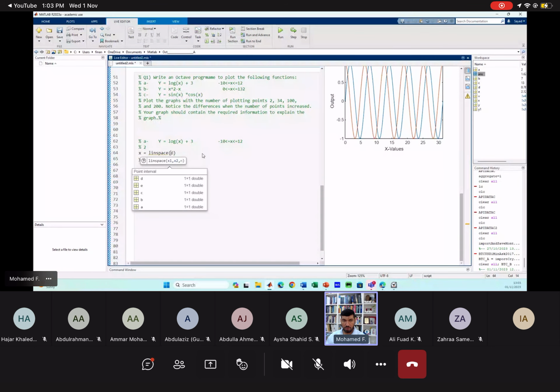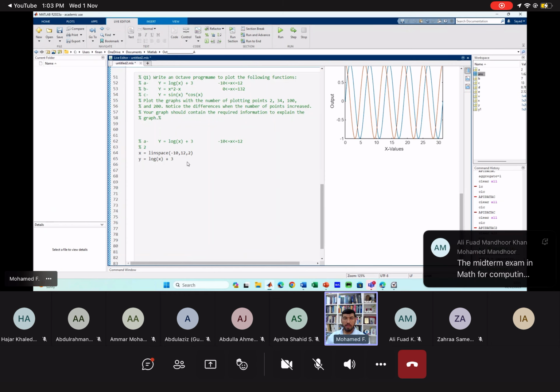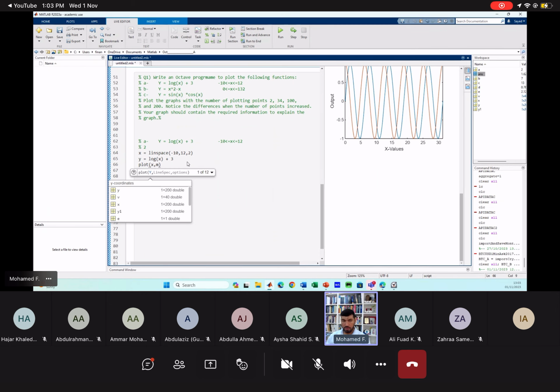He asked us to start from -10 and finish at what point? At 12, comma, how many points does he want us to use? 2. Okay. Then he wants us just to plot it. So plot x and y.